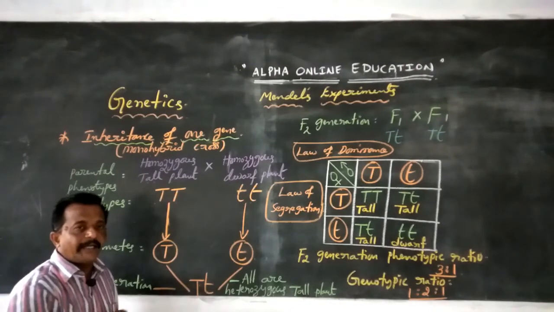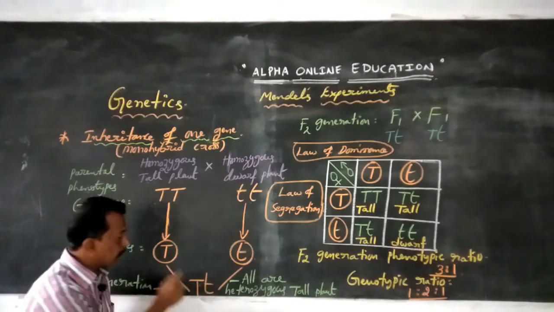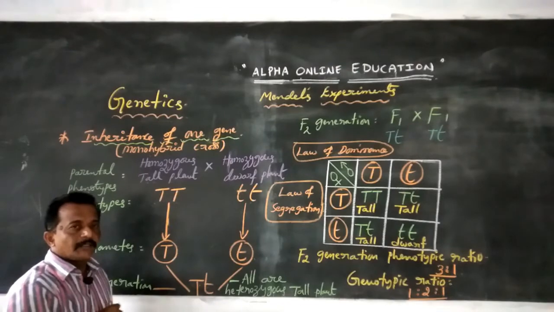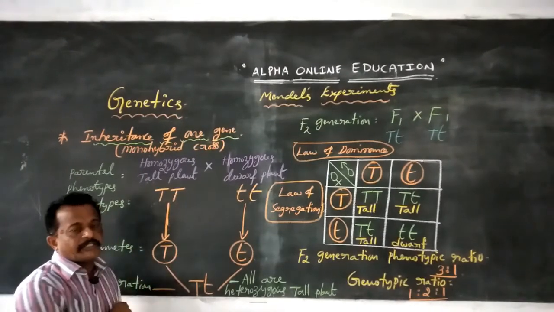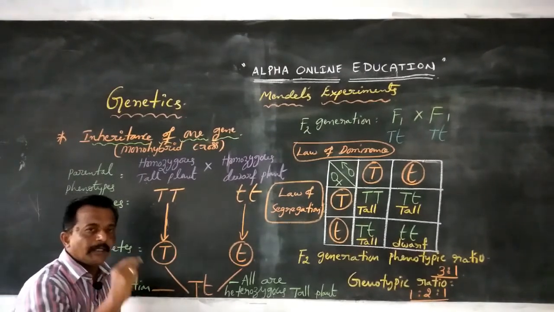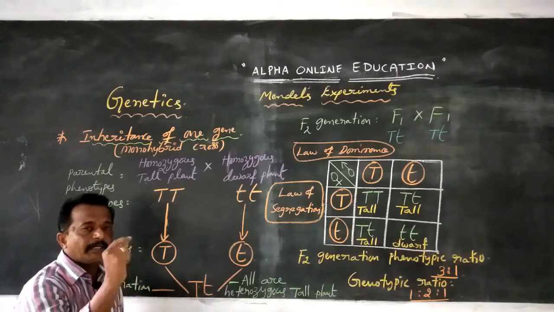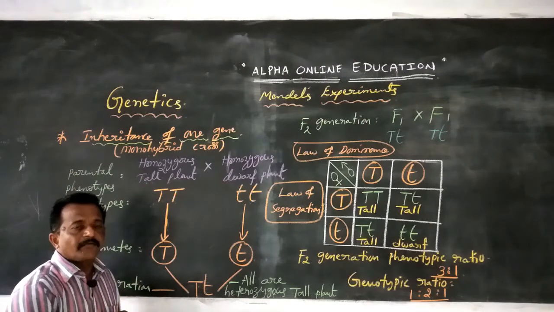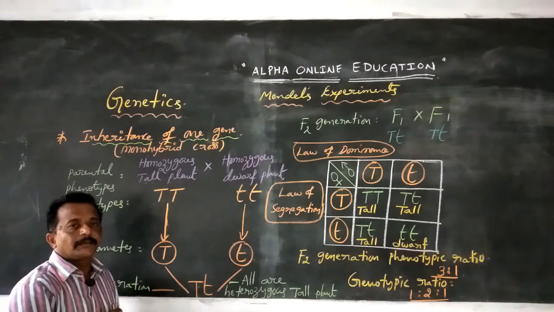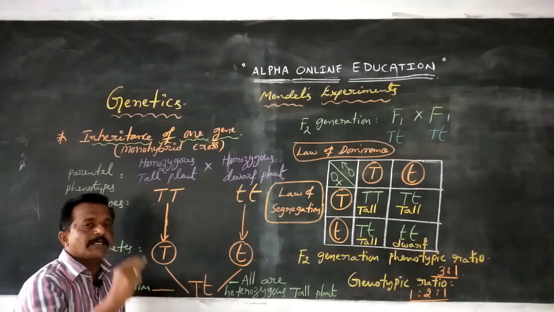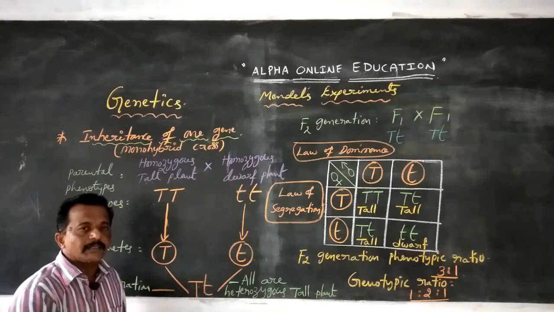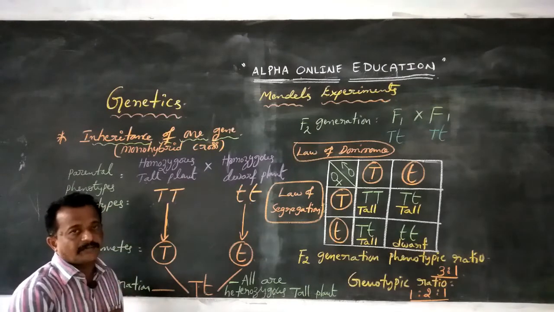To clearly understand inheritance in a monohybrid cross, we use some laws or principles called Mendelian principles or Mendelian laws.